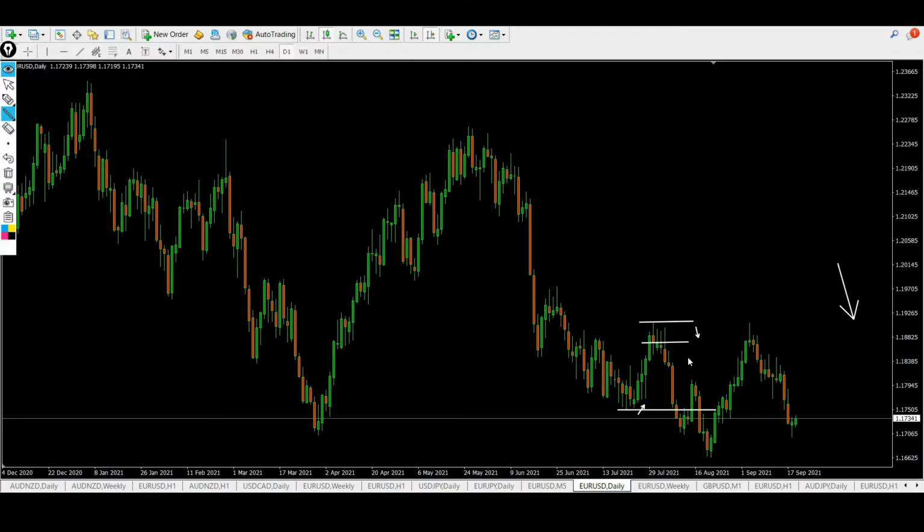So this gives me a static risk and reward parameter, with the risk being from my entry point to the stop loss point, and my reward being from the entry point to the main target point. Okay, so let's go back to the weekly chart.